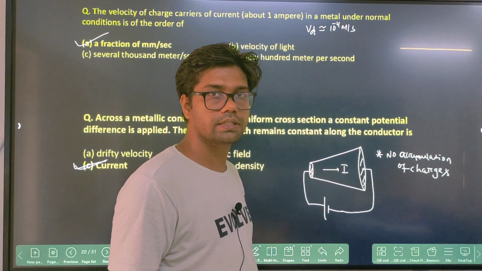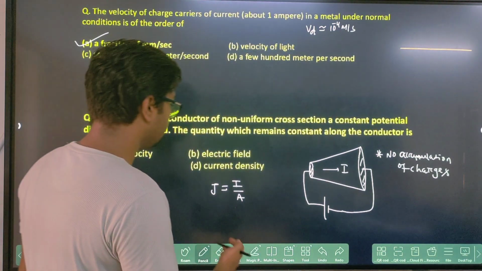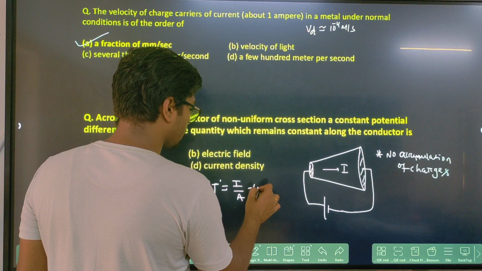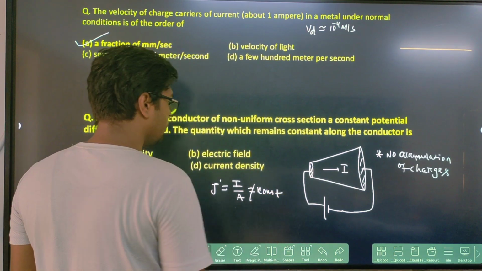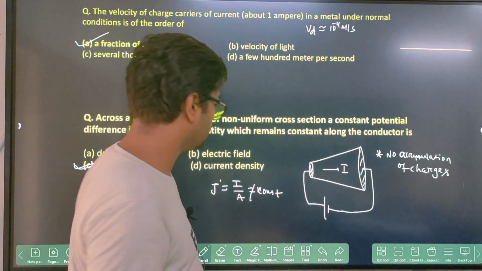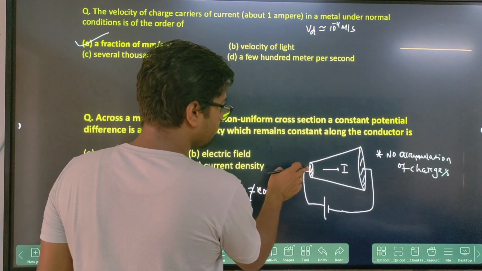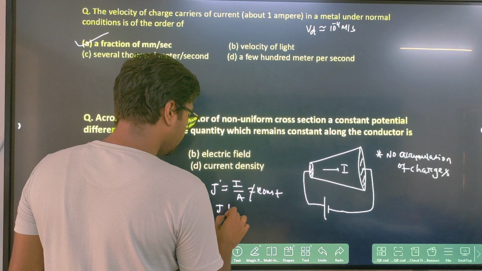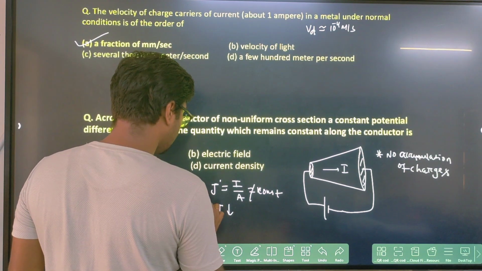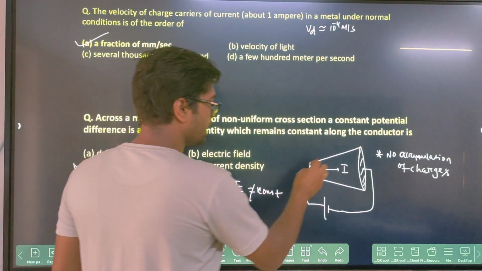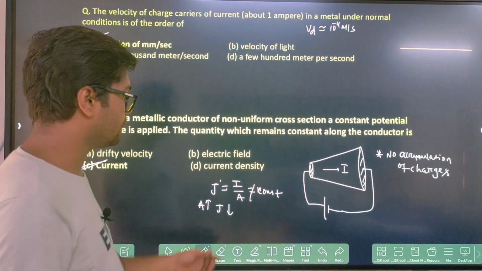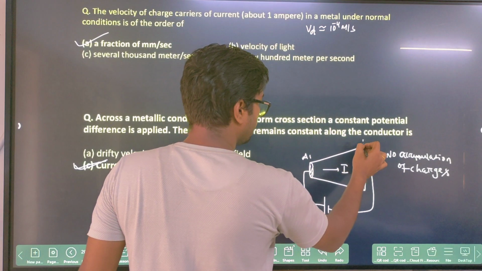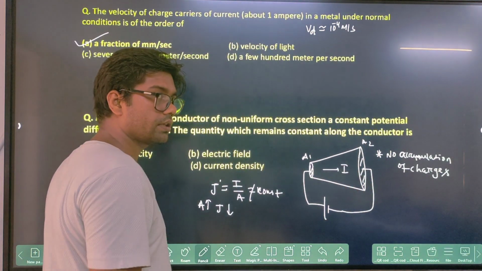If it is increasing, then J is not a constant. If the current is flowing here and the area is increasing, J is decreasing. Let's say here the area is A1 and here A2; you know that A2 is greater than A1.